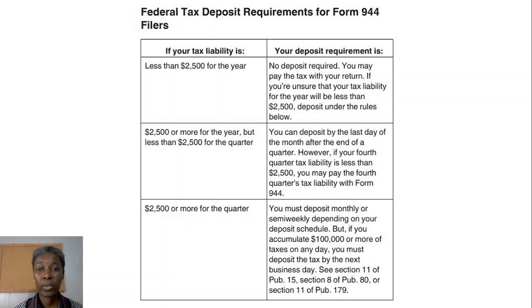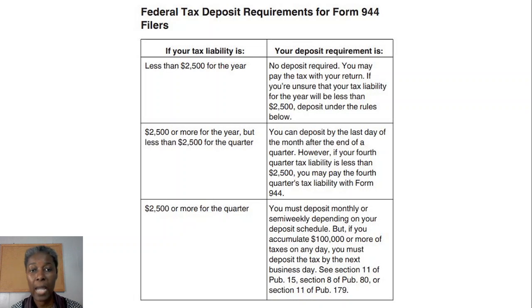But if you are unsure that your tax liability for the year will be less than $2,500, make deposits based on your deposit schedule that you chose. So if you think your tax liability for Form 944 line 9 at the end of 2023 is going to be less than $2,500, I would say you don't need to make deposits.